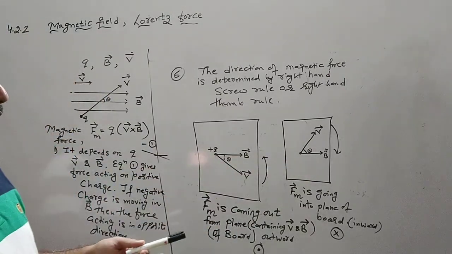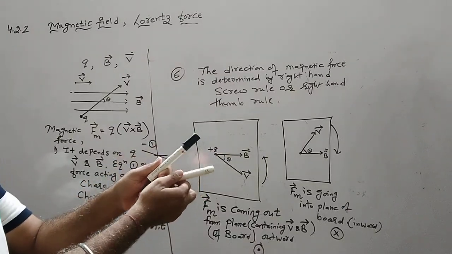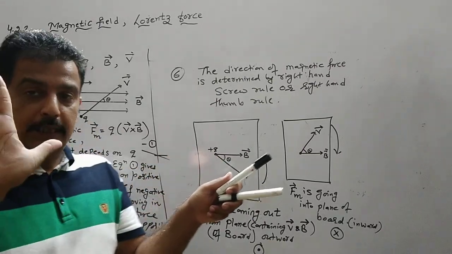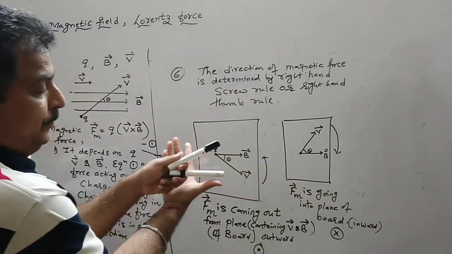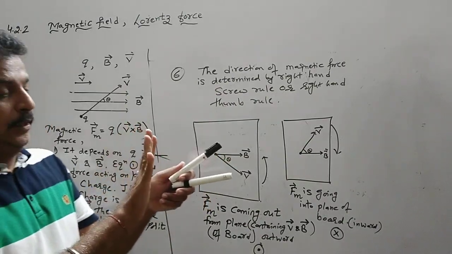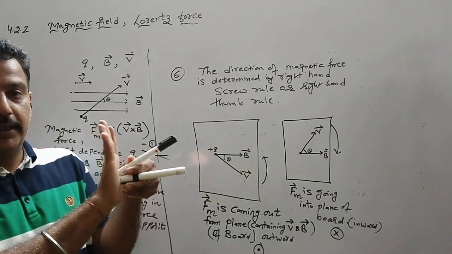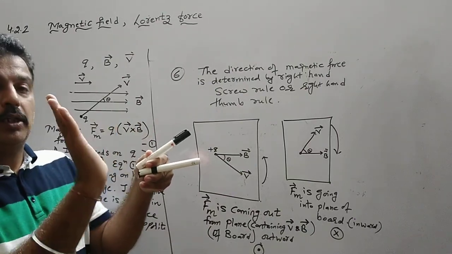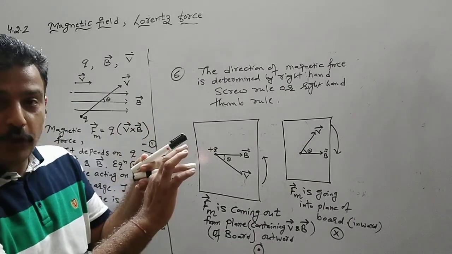In this case, this is your B and this is your V. I take my right hand, this hand is my plane, and I keep my palm at this point. I have to curl my palm from V to B because V is falling on B.